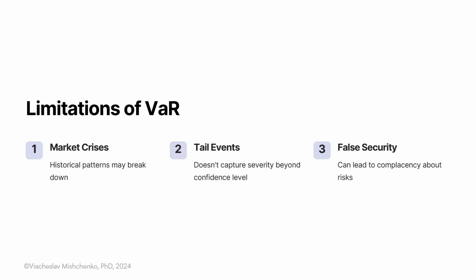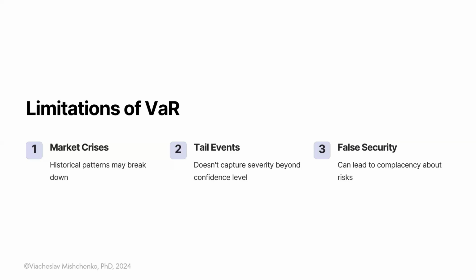And another limitation of value at risk is that it may create a false sense of security. For example, there were many traders in the past saying, but our value at risk is within limits, so what is the problem?